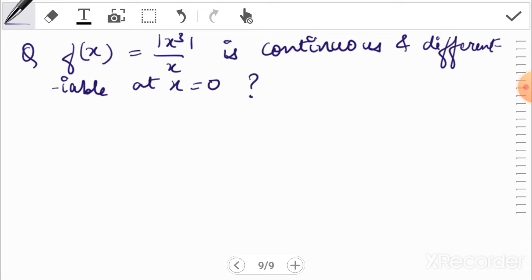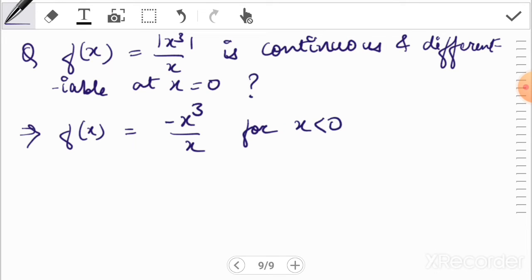Okay, so f(x) is minus x cube by x for x less than 0, or this is minus x square.